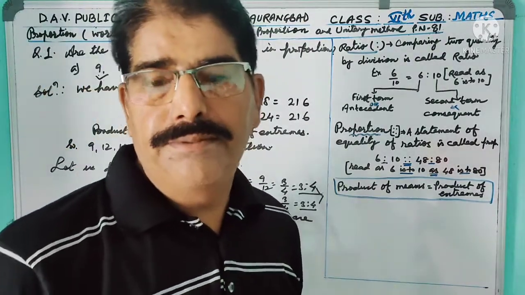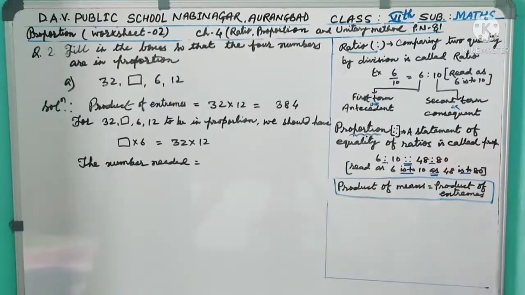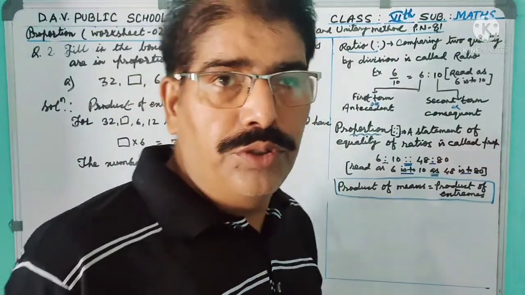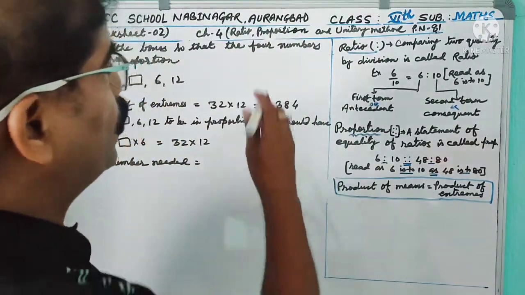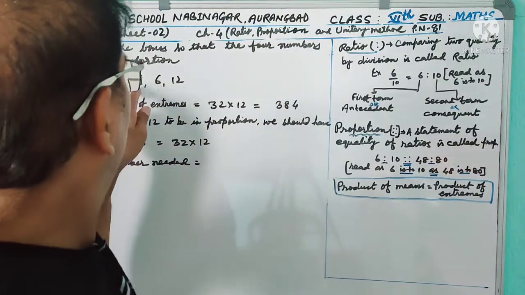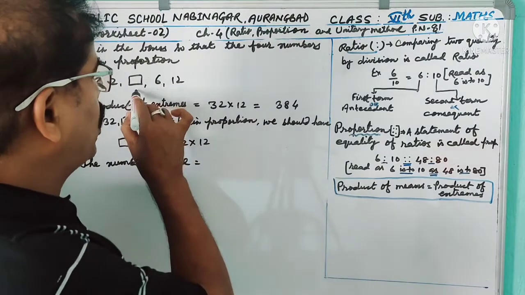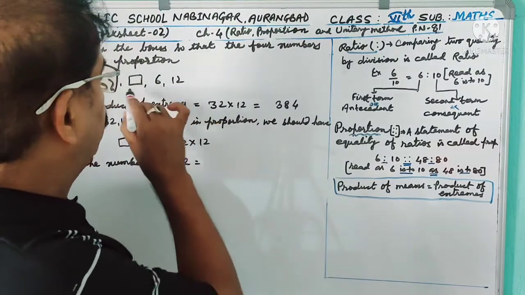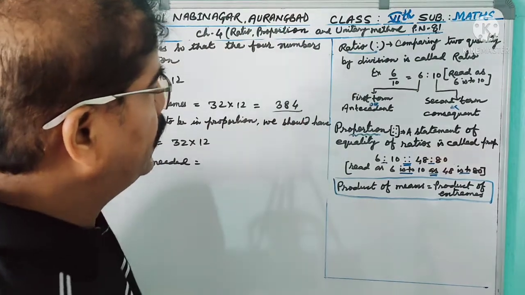Next, question 2: fill in the boxes so that the four numbers are in proportion. Given 32, box, 6 and 12. First we find the product of means and product of extremes.